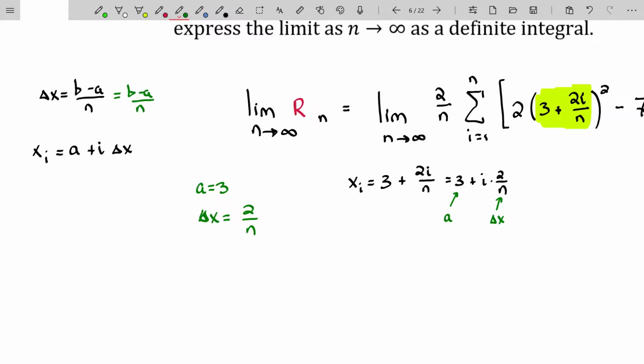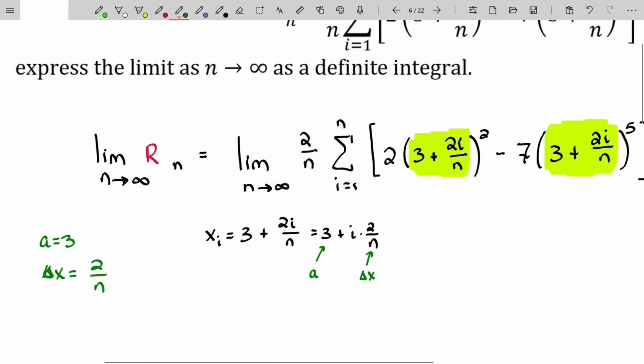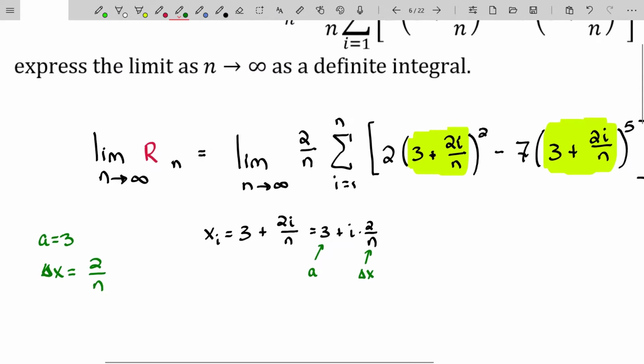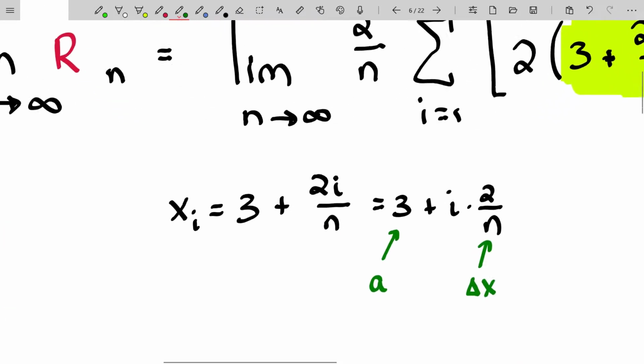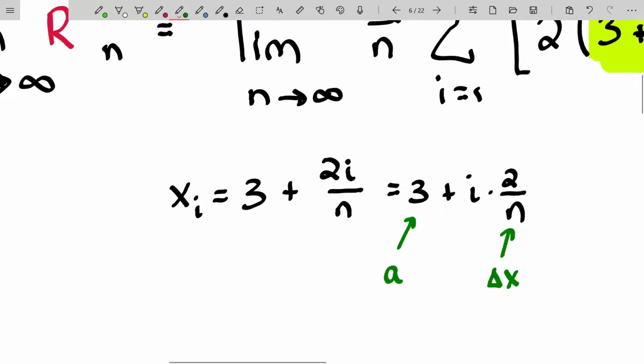But remember, delta x is supposed to be b minus a over n. Well, we know what a is. We know a is 3. We can see it just right here. Remember, I'm looking for that pattern of something plus something with i's. There we see it, and I just wrote it. That x sub i must be that 3 plus 2i over n, which means x sub i is 3 plus i times 2 over n. That is, our integral starts at a equals 3 and our delta x is 2 over n.